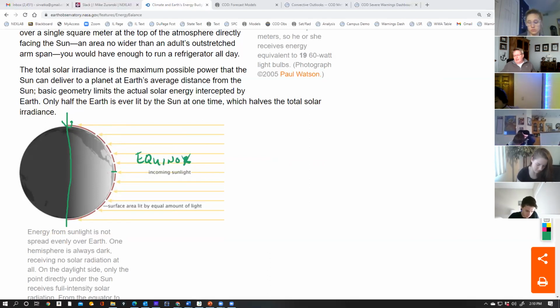If the Earth were tilted this way, then where's the sun directly over? Is the sun directly over the equator? The answer is no, it's tilted 23.5 degrees. So where's the sun directly over?